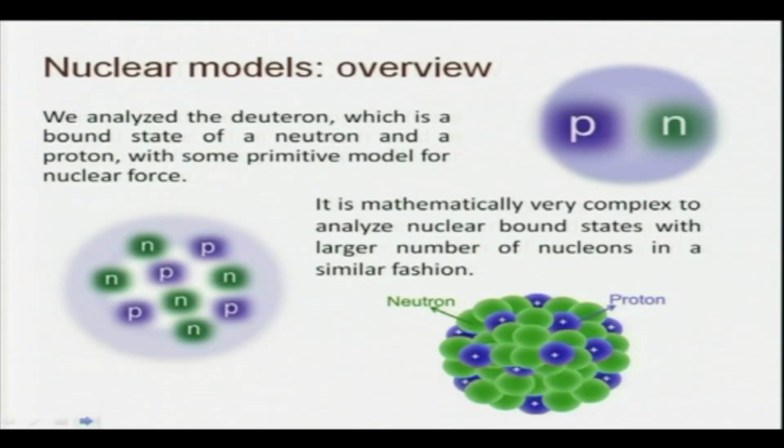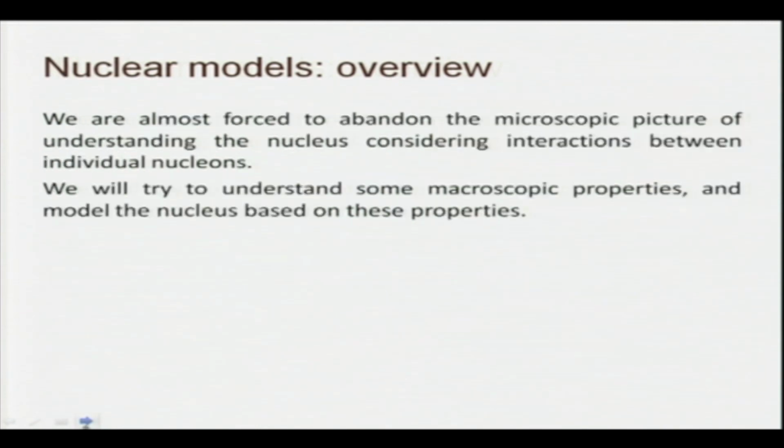This is so even for light nuclei like beryllium with 4 protons and 4 or 5 neutrons in it, and it is unimaginably complex when it comes to iron or uranium or heavier elements like that, where there are 90 to 100 protons and more than 100 neutrons etc. in it.